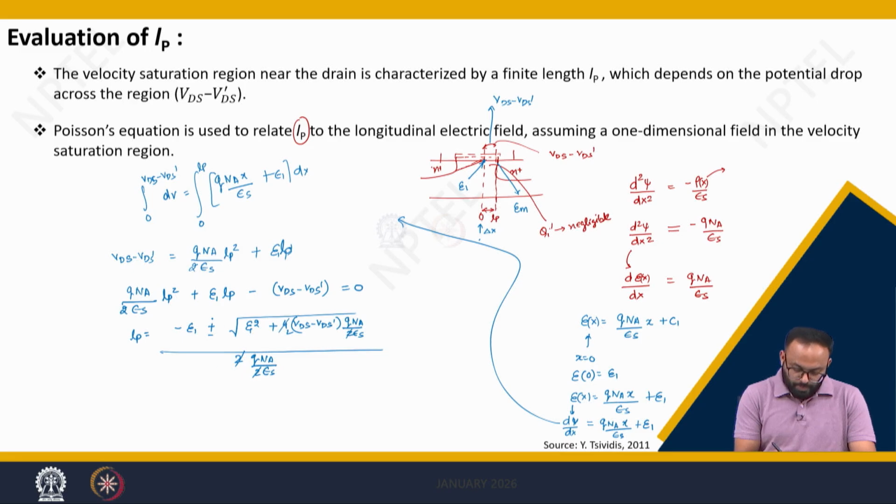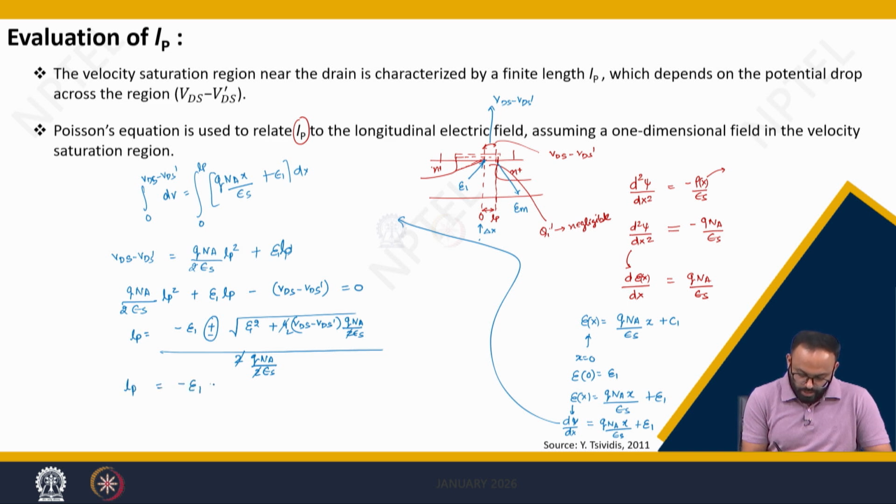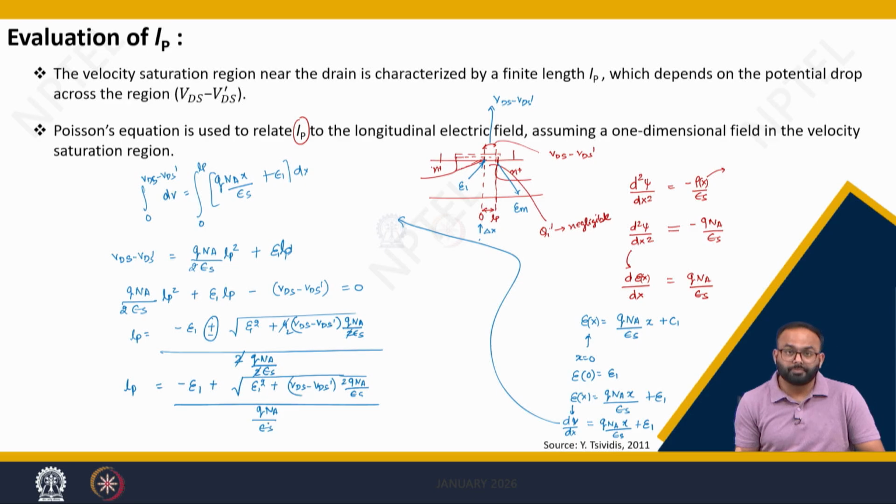Now what will be the sign, whether it is plus or minus? It will be plus, because if I take negative, the length will be negative, which is not possible. So ultimately LP will be minus E1 plus square root of E1 square plus (VDS minus VDS dash) into 2 q Na by epsilon s, divided by q into Na divided by epsilon s.